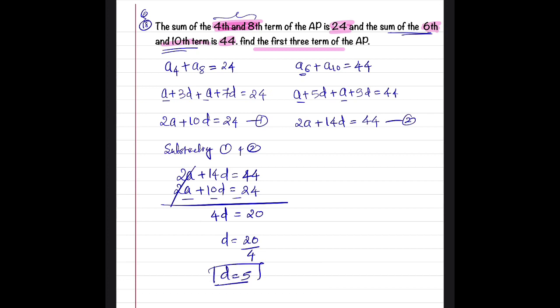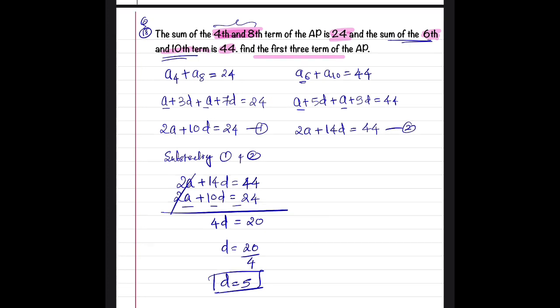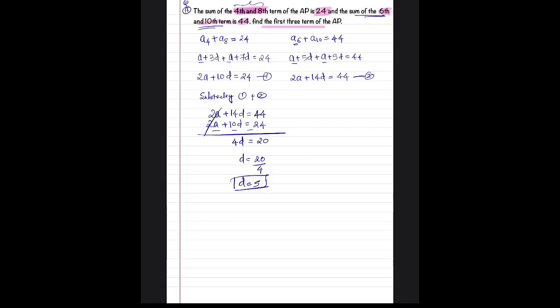So we got the value of the common difference. Now I will substitute this D equal to 5 in equation number 1. Equation number 1 is 2A plus 10D is equal to 24.